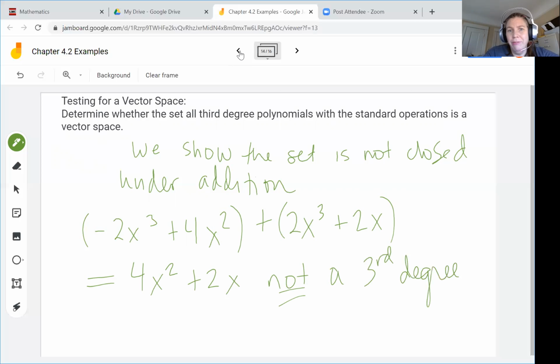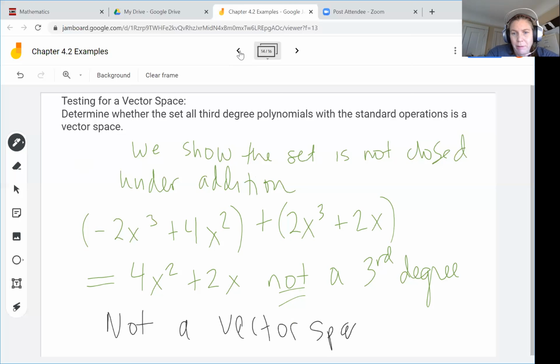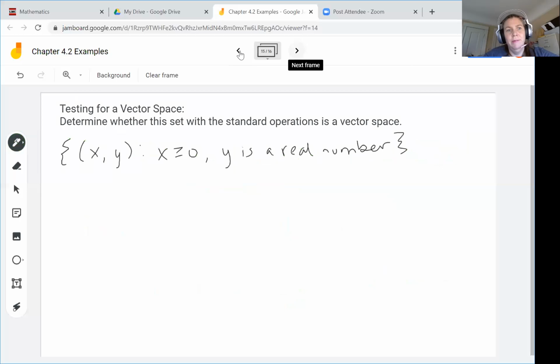So we would have to have this say third-degree polynomials or less to be a vector space. So this is not a vector space. We call this a set, but we don't get to call it a vector space.